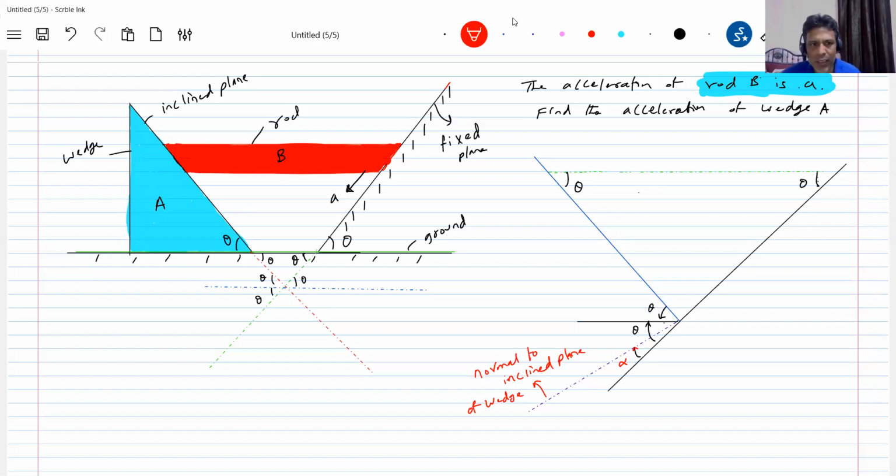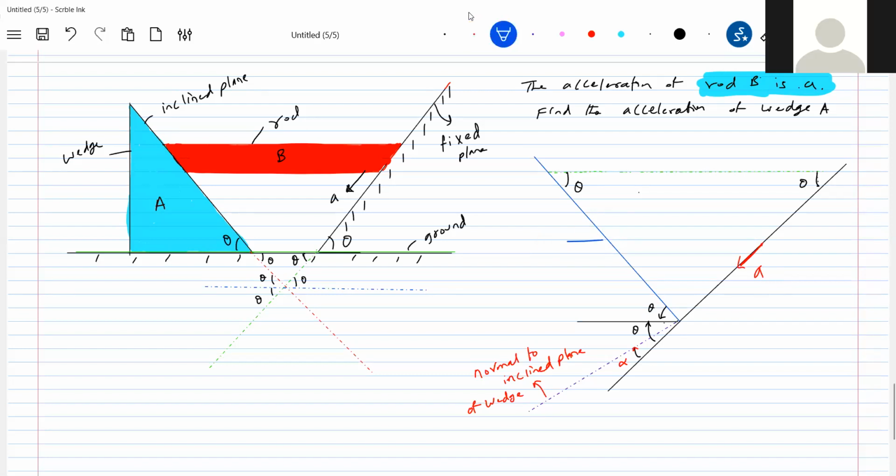So now let's come to that one. How will the acceleration of the wedge be? Towards left. The acceleration of the wedge should be towards left. The acceleration of the rod, how will it be? Along the incline. The acceleration of the rod, red color we use, no? So the acceleration of the rod is like this. The acceleration of the wedge will be in this direction.